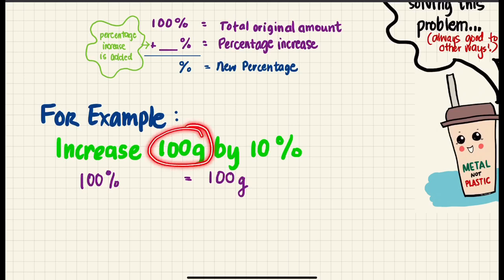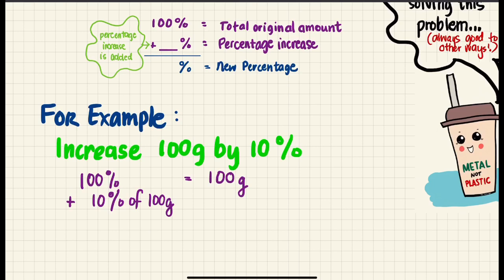Because 100 grams is the original amount, so the original amount is 100%. What did we do? We increased by 10%, so plus 10% of 100 grams. Okay, so you see what's happening.